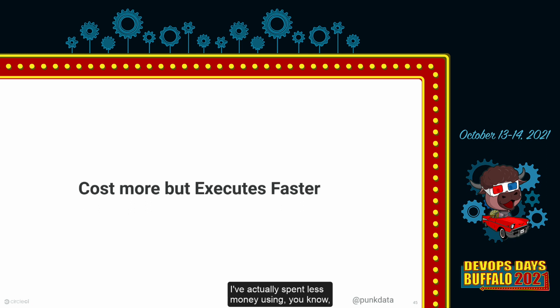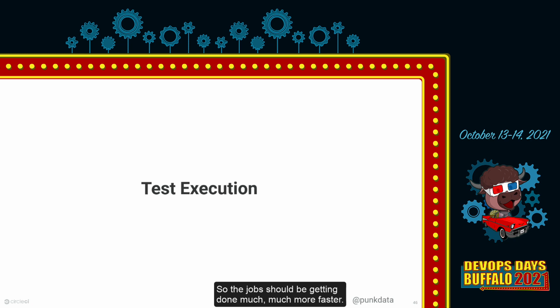I've actually spent less money, build per build, using more capable, higher capacity compute nodes rather than the defaults I was using that had less. So sometimes that sticker shock is deceiving, because you're giving it more horsepower, so the job should get done much faster.